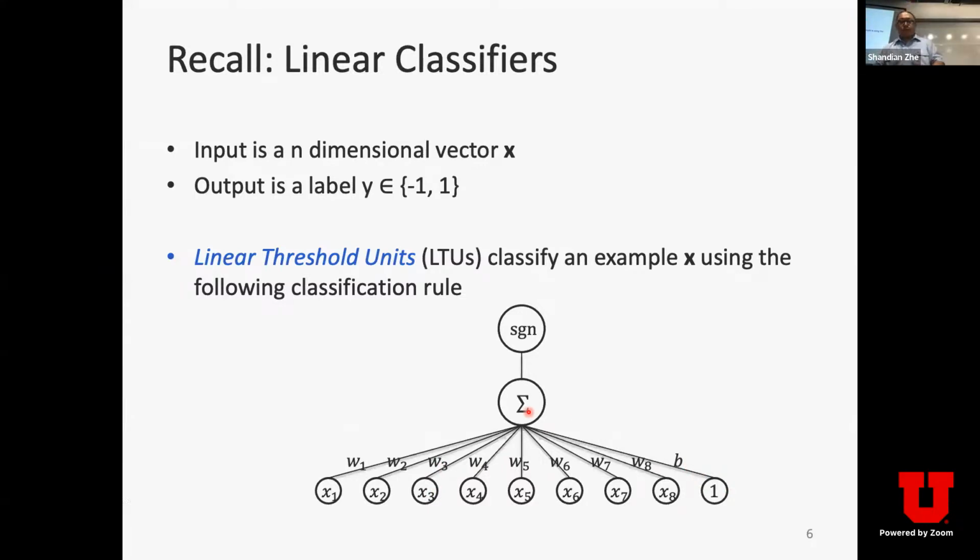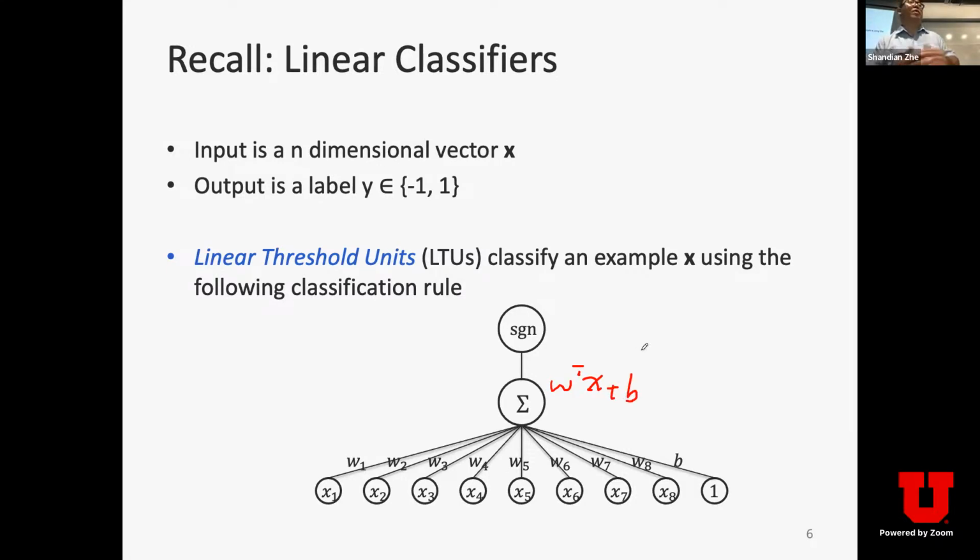Once we have all those incoming messages arrived, we apply the summation operation in this node. The output of this node gives the classification score. This is essentially doing W transpose X plus b.